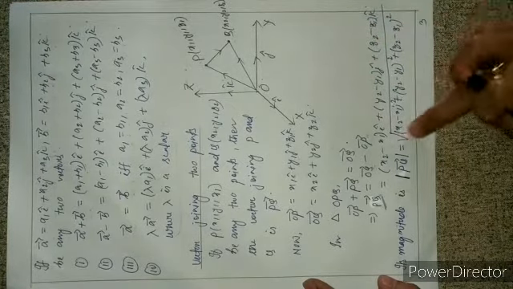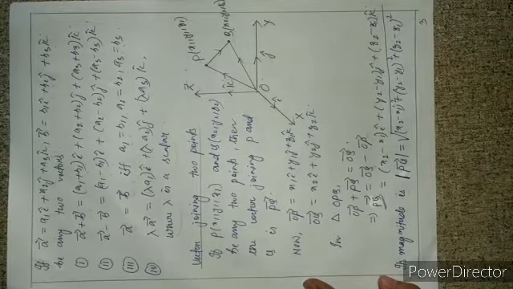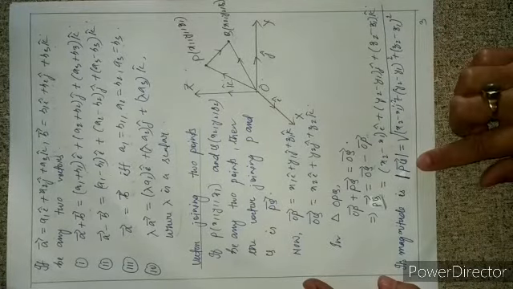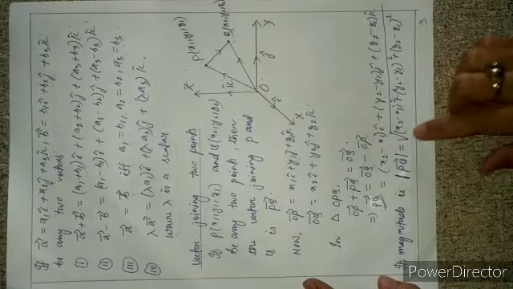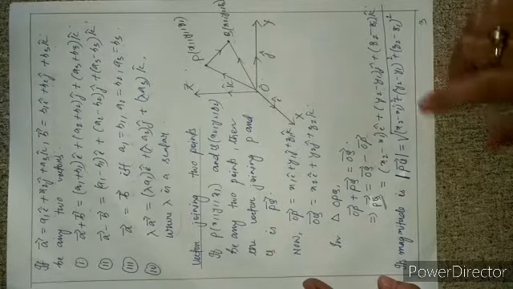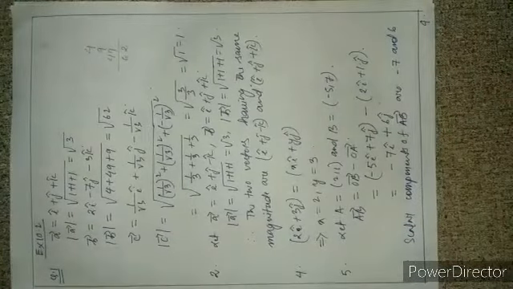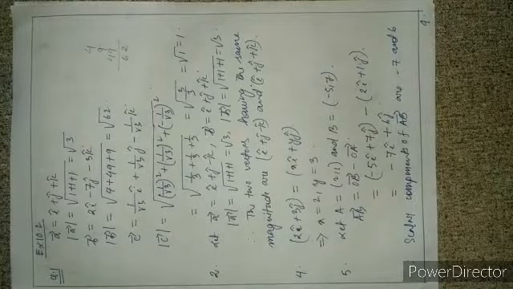The square root can be plus or minus, but modulus is always a positive quantity, so we should take the positive value of the square root of the expression and neglect the negative.